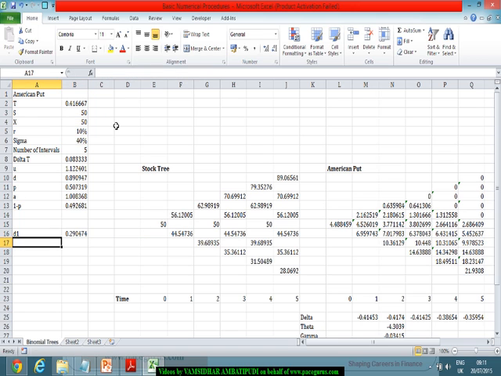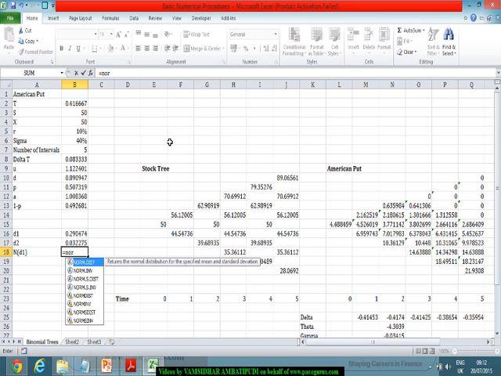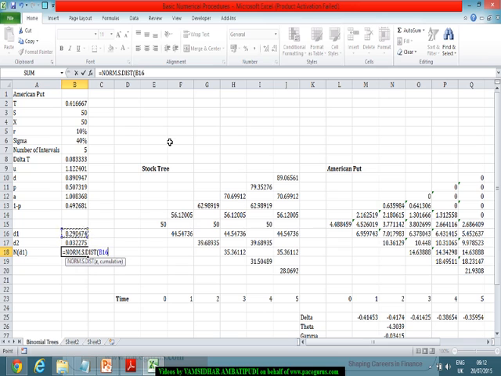So my d1 is this, d2 comes as d1 minus sigma times square root of t. So this is my d2, then I'll compute nd1, which is the cumulative normal distribution value associated with d1. Then I compute nd2, which corresponds to d2.